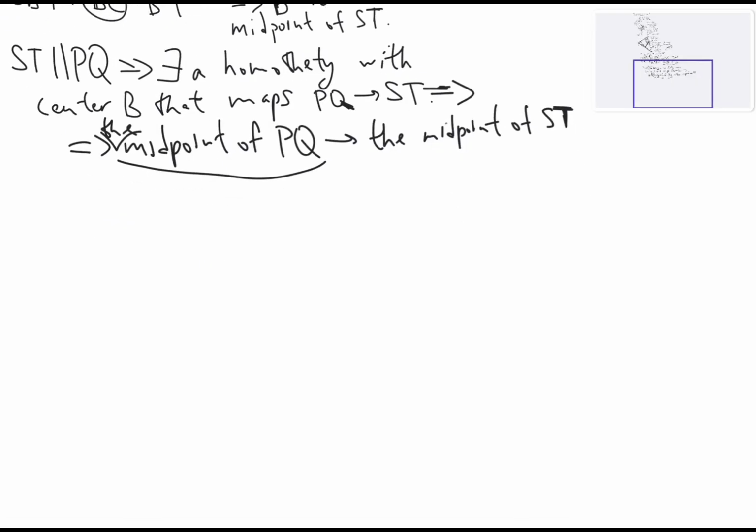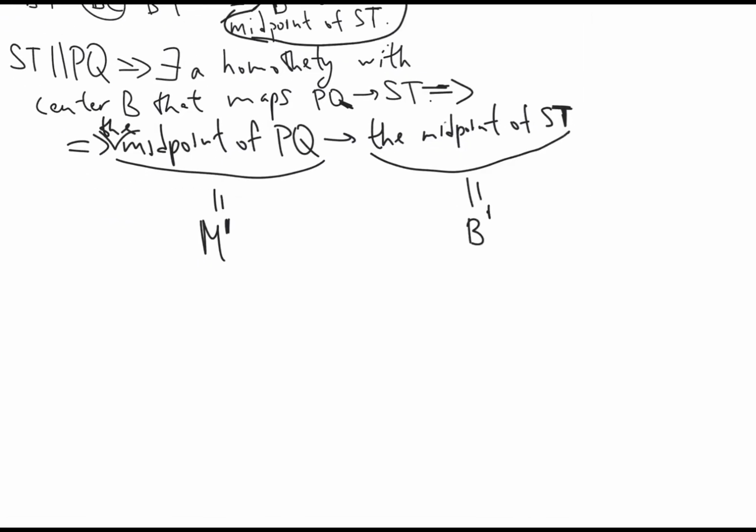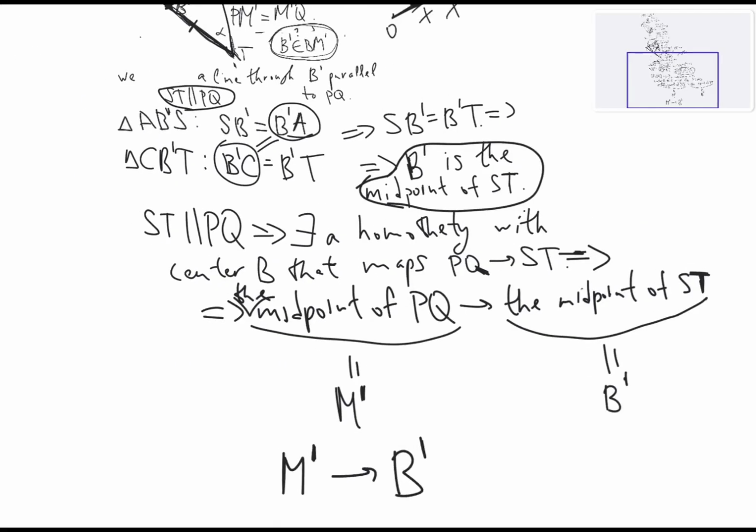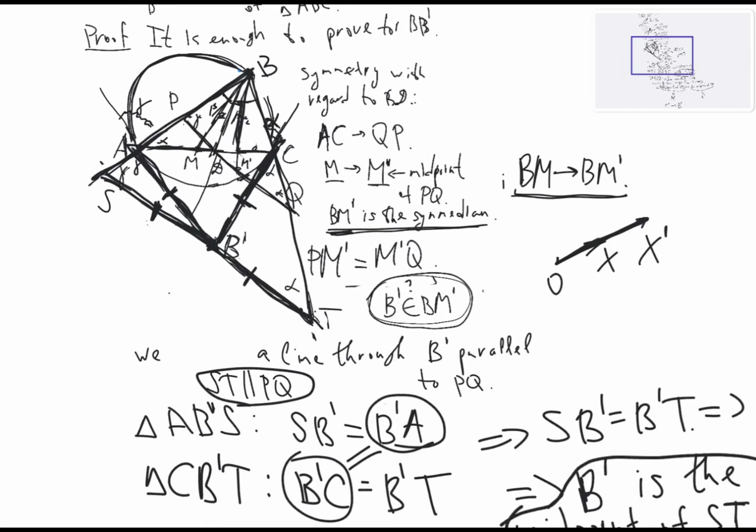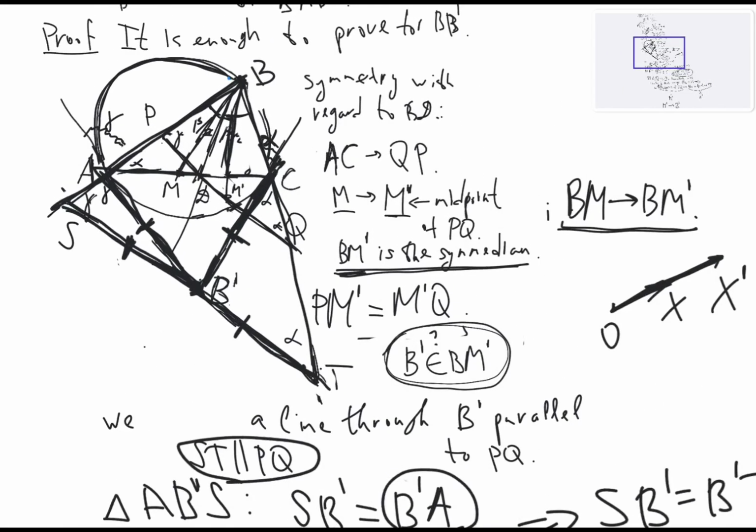So we get that under this homothety with center B, M' is mapped to B', right?